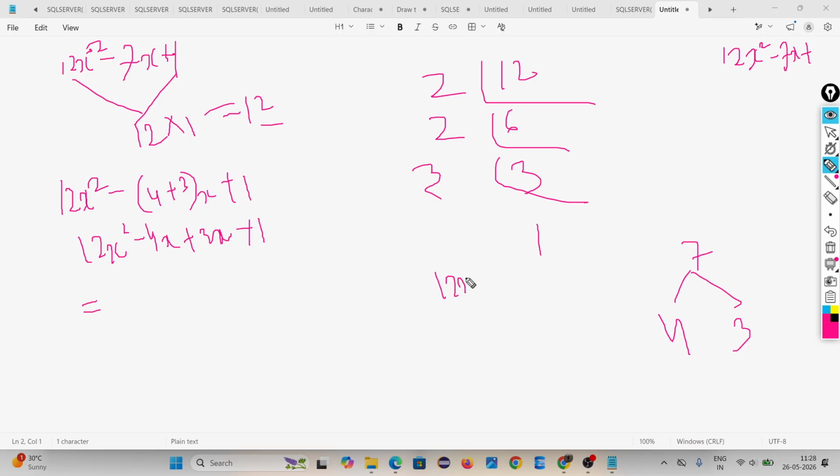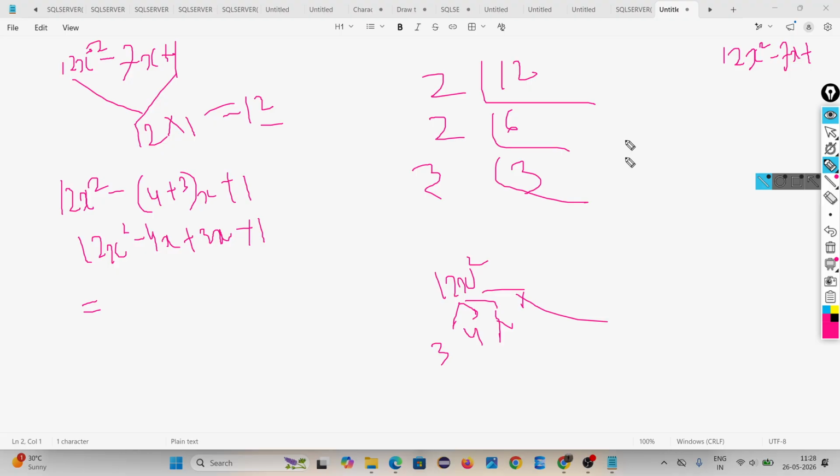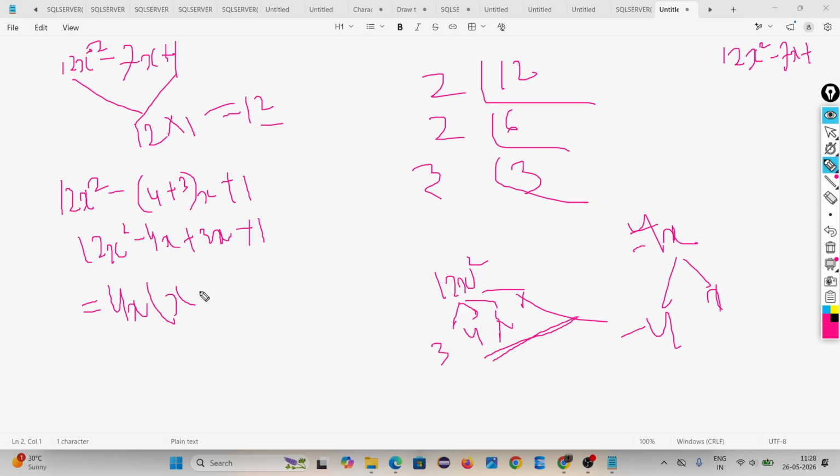Think, 12x square is made by 3 into 4 into x into x, and minus 4x, minus 4 into x. So we should take 4x as common. If I took 4x as common, from here remaining is x, from here minus 1.